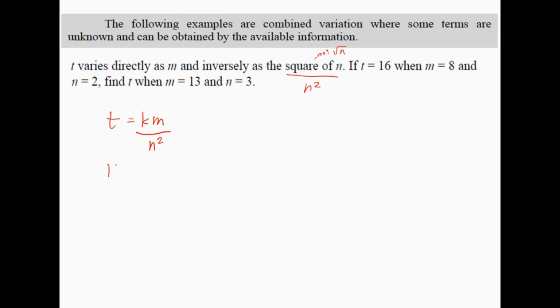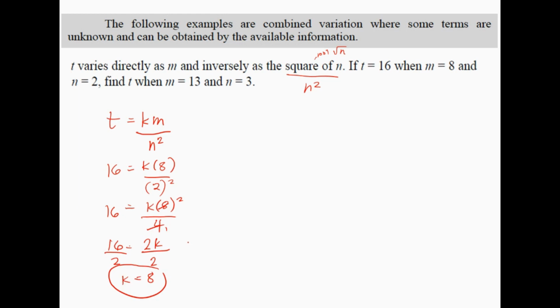T is 16 when m is 8 and n is 2. So, we have squared. Let us not cancel right away since we still have an exponent here. So, k times 8 divided by 2 times 2, we have 4. Well, 16. So, we can cancel. This is 2. This will be 1. So, 2k equals 16. So, divide both sides by 2. K is equal to 8.